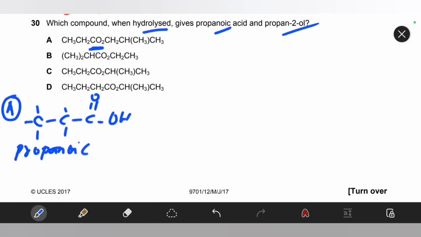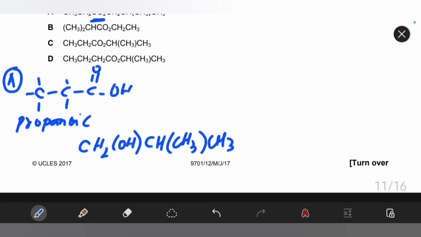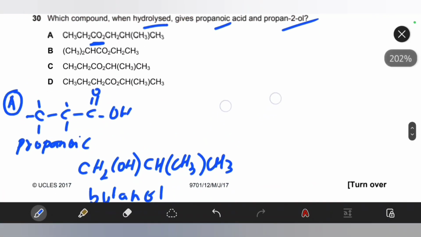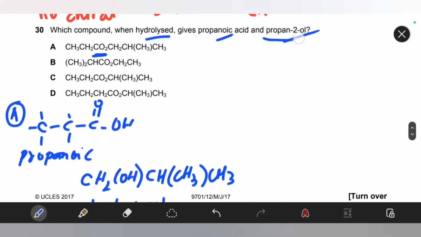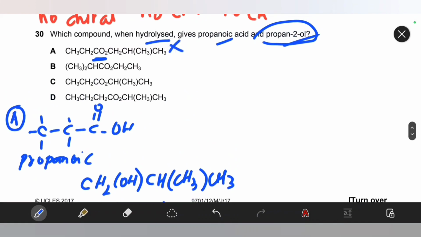So propanoic acid is there, but let's look at the alcohol first. It would be CH2, this would be having OH, and CH, CH3, CH3. So which alcohol is this? 1, 2, 3, 4. This is butanol. So that's definitely there. We need propane-2-ol, not butanol. So A is not the correct option.